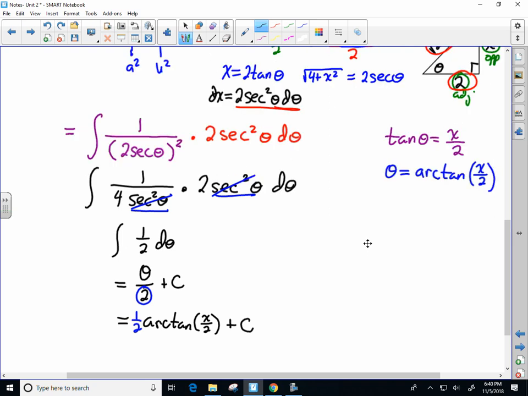And actually, this is a modification of the proof of the shortcut rule for arctangent. If I had actually left all this stuff in terms of u's and a's, I could have come up with a general rule for the arctan of u. And I'll just give it to you at this point. But if you look at what we started with, it really had the form of 1 over a squared plus u squared.